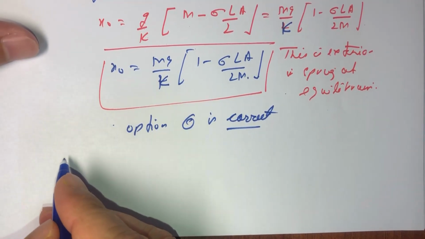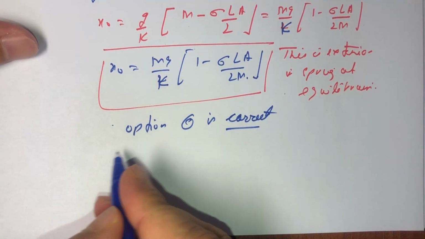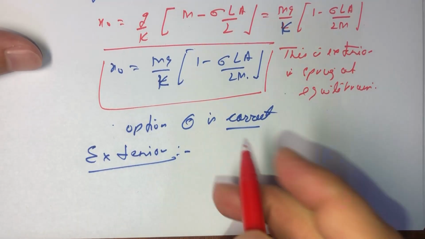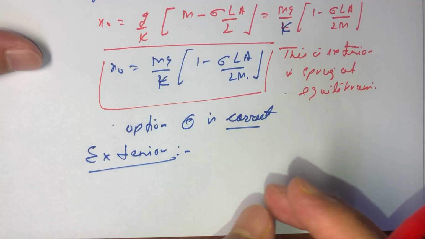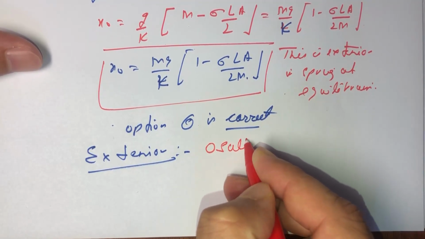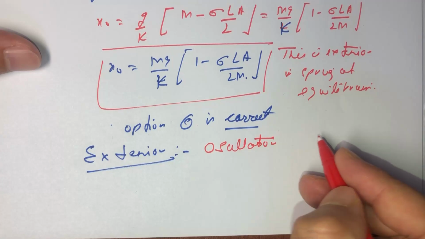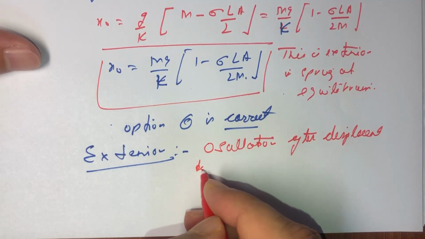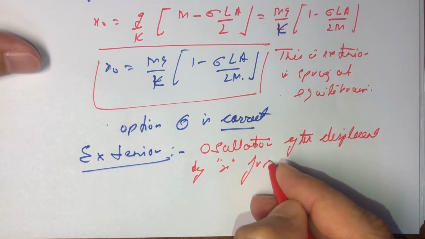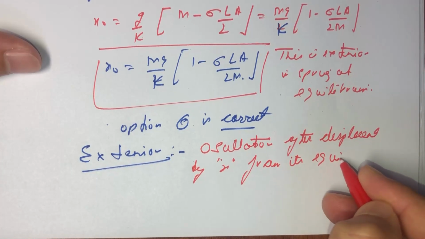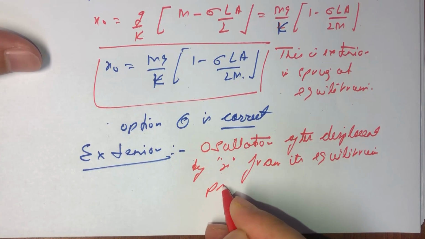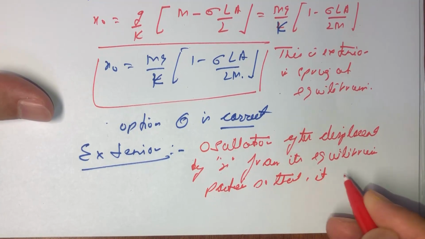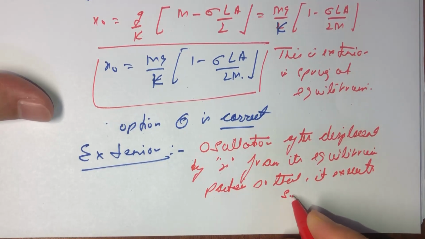So let us make some extension. And the first extension is oscillation, if the cylinder is displaced by x from its equilibrium position, so that it executes SHM.